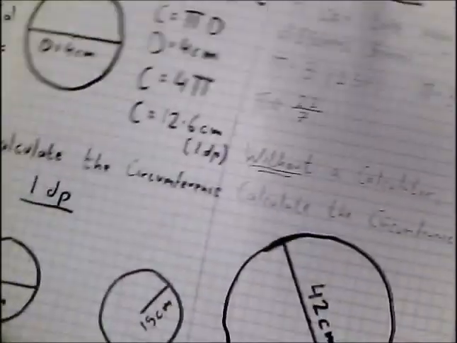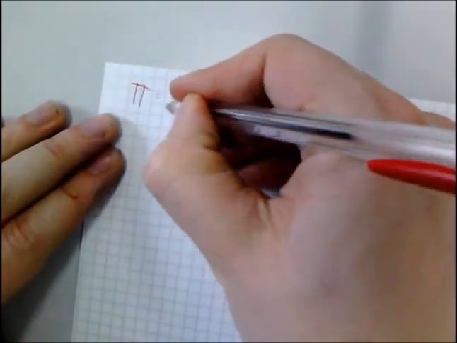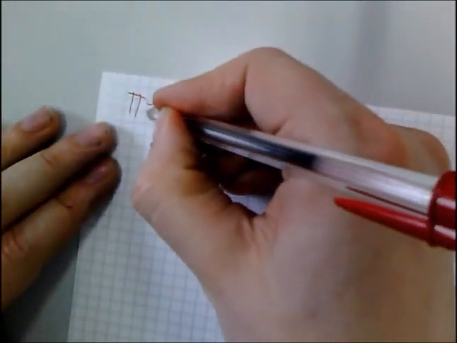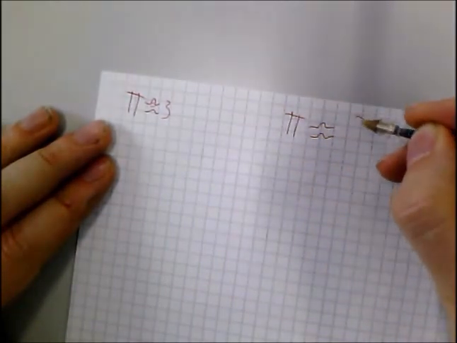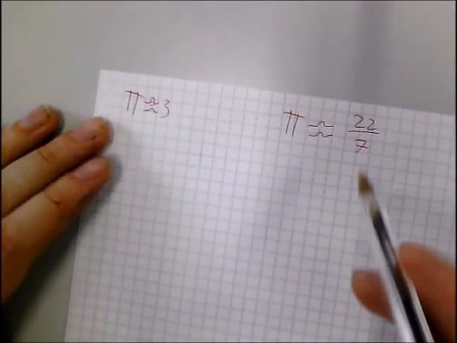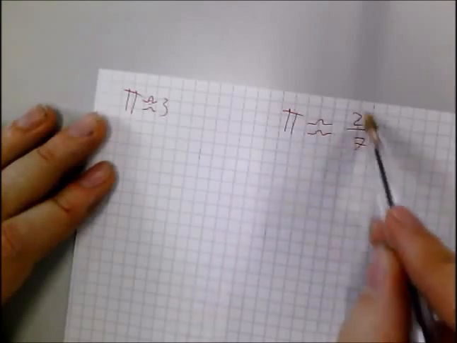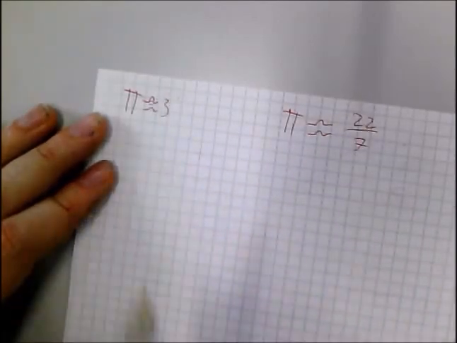We're going to use 2 easy ways of calculating that: either using pi approximately equal to 3, or pi approximately equal to 22 over 7, where using this value will be a bit more accurate than using 3.